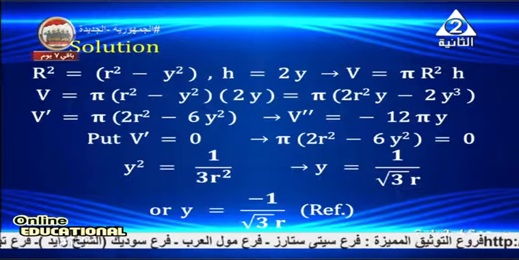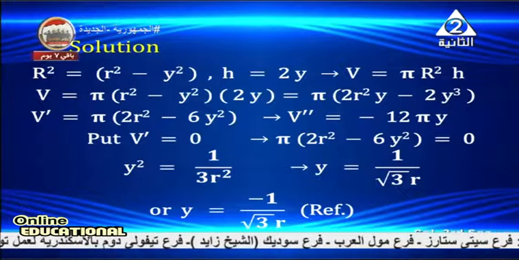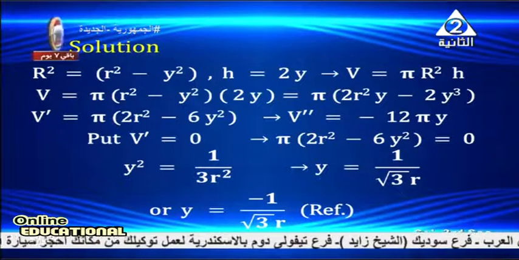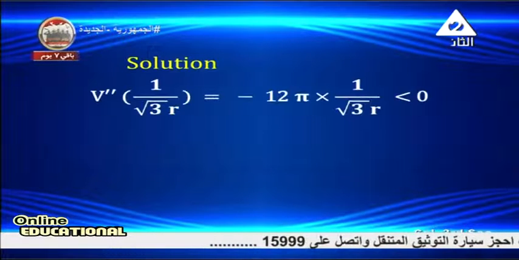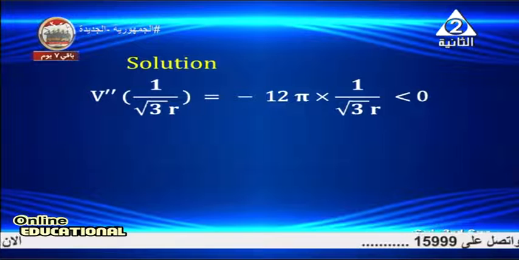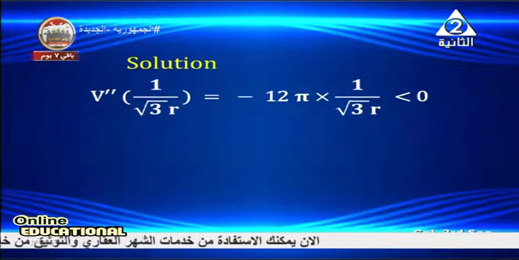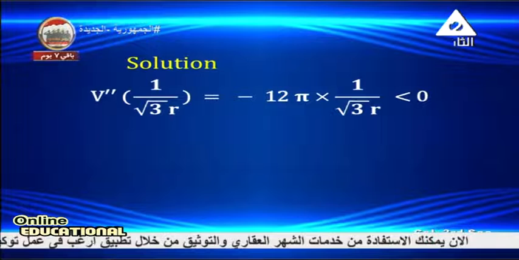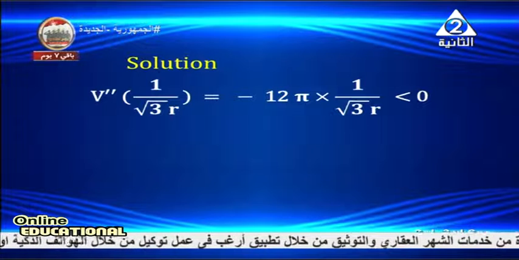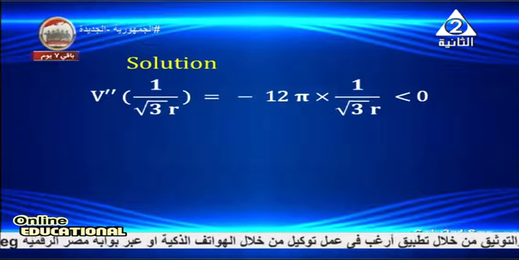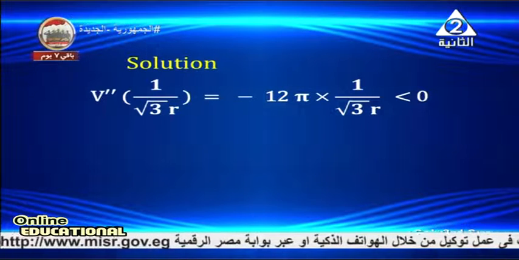Now, by using the second derivative test, we can substitute in the second derivative V double dash when y equals 1 over root 3 r. Then the value of the second derivative equals negative 12 pi y, multiplied by 1 over root 3 r, which is a negative value.